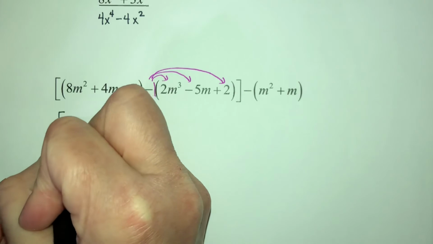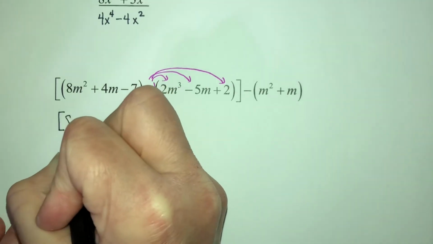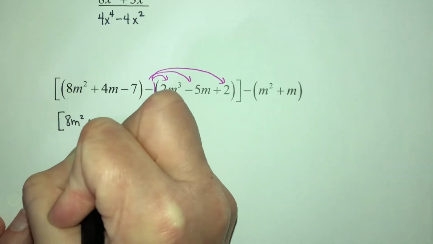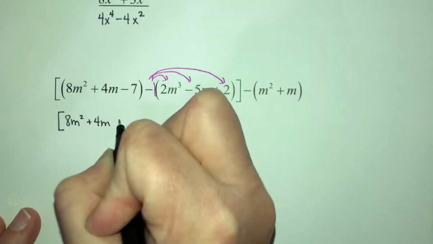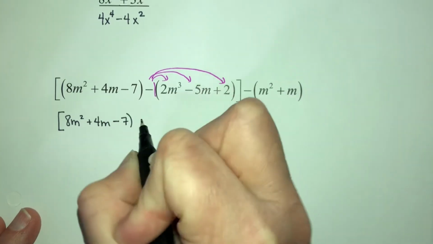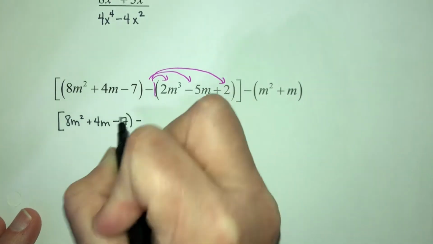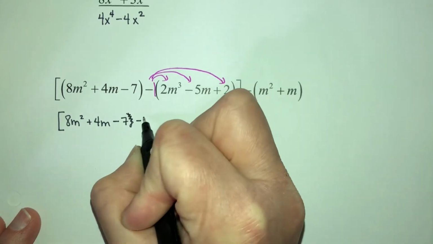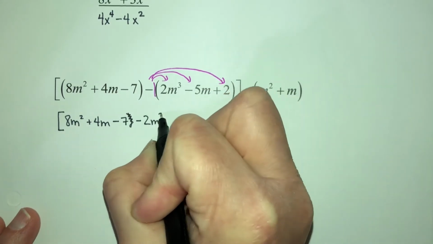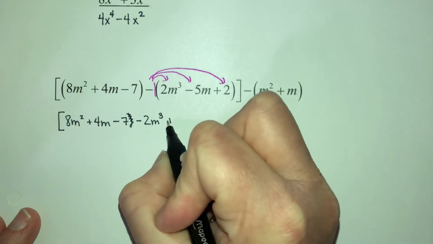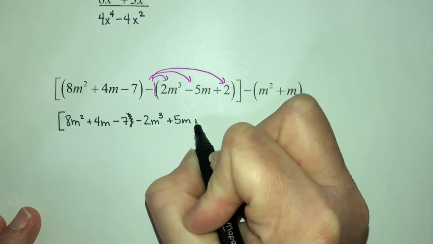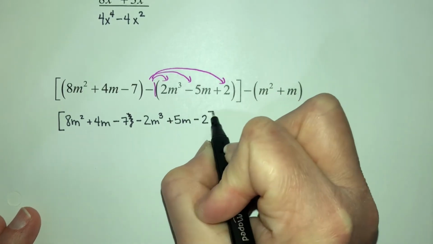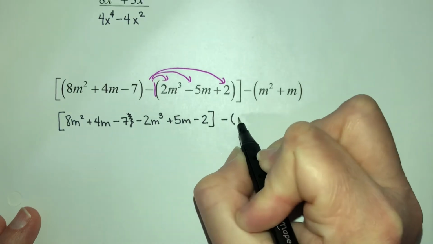So I'm keeping my brackets. 8m squared plus 4m minus 7 minus 2m cubed plus 5m minus 2. And I'm just going to bring down this part for right now.